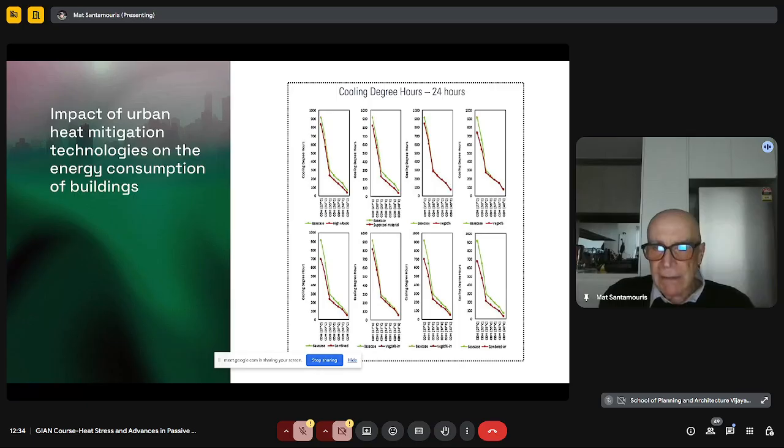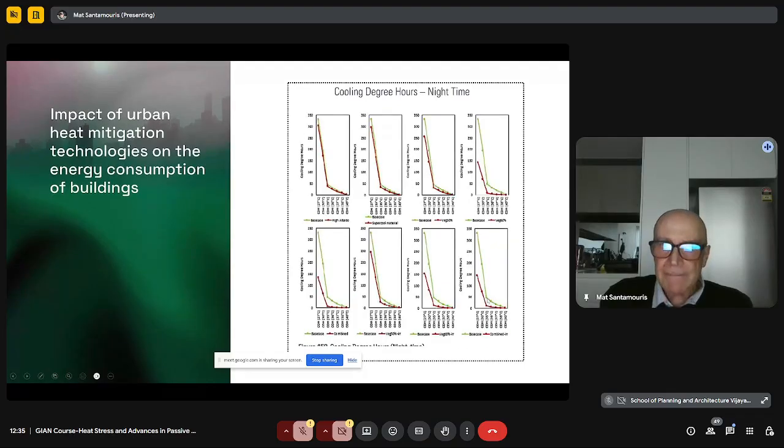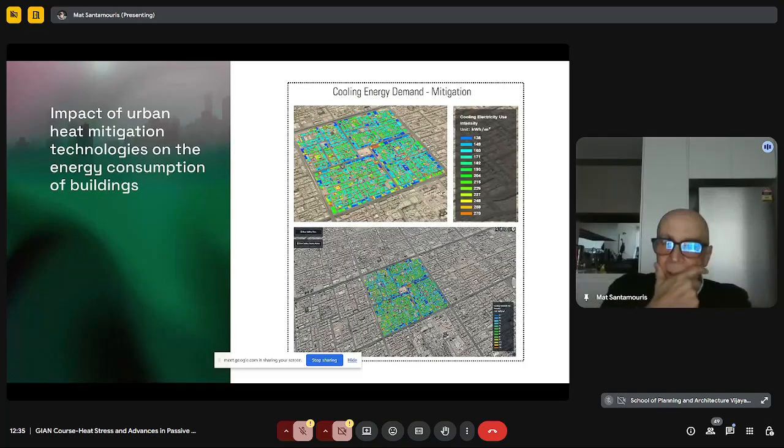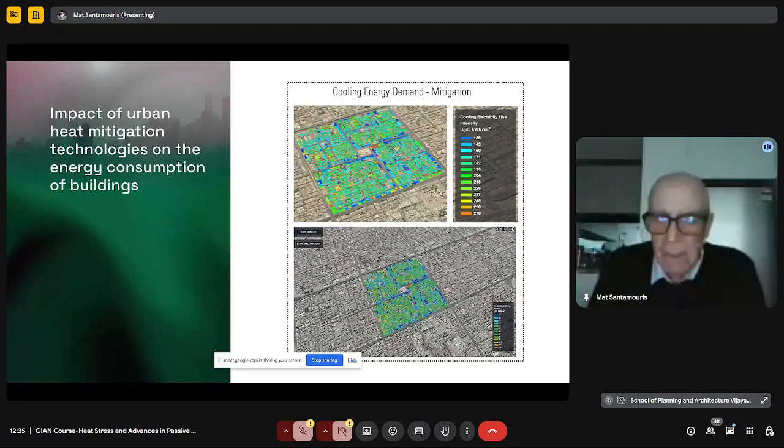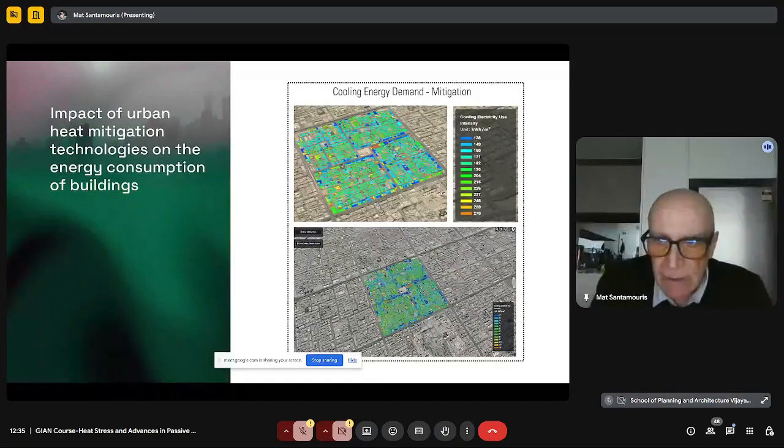And we also calculated the cooling degree hours, how many hours you need cooling and what is the global impact. And you can see that the impact is very important when the mitigation scenarios are combined. And then we calculated for each one of the buildings the cooling electricity use. You see, for all the area, 3,323 buildings, we simulated energy consumption during the summer period.